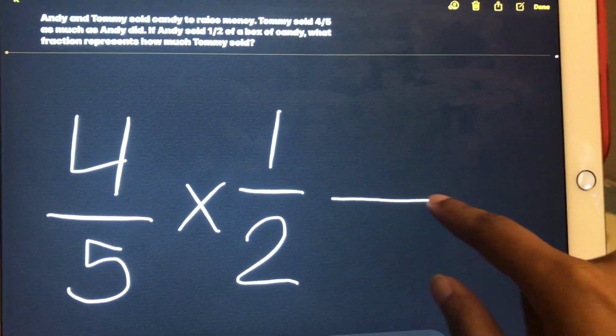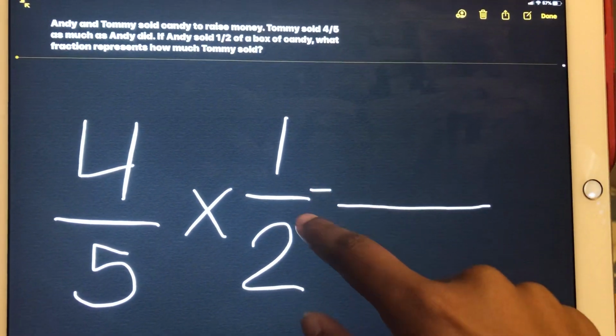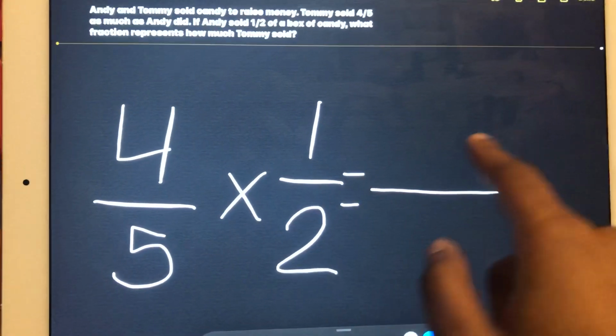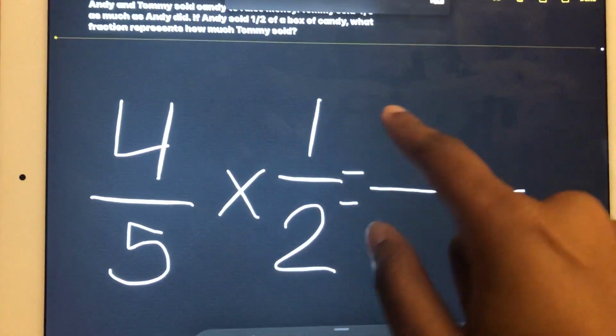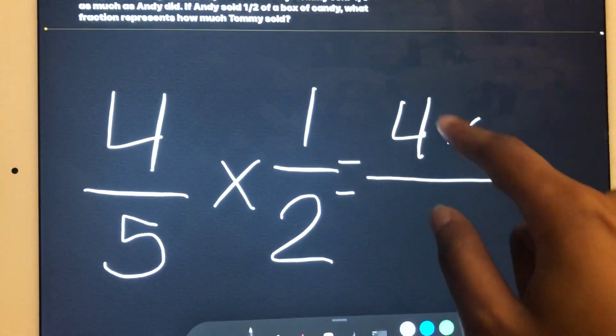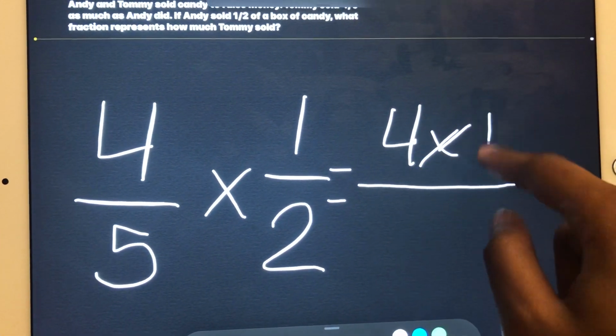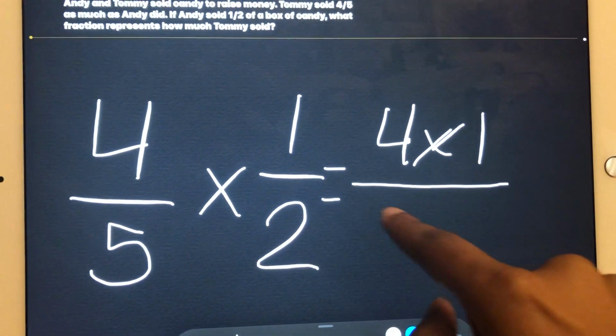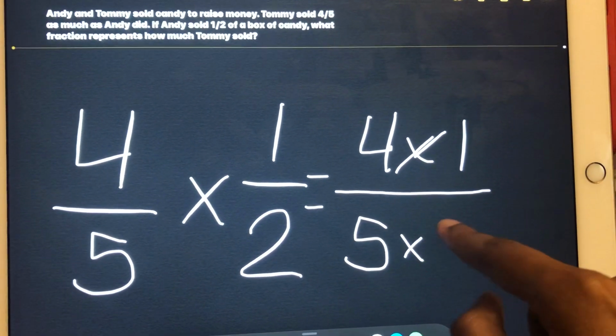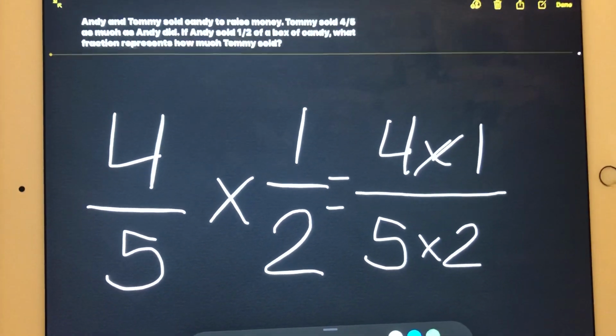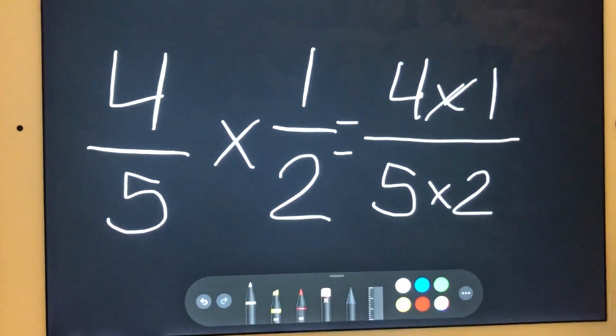Alright, now we can do the same method that we did last time, which is write it here. So we have 4 times 1, and we would write 5 times 2. But a lot of you guys seem to do an amazing job on this.